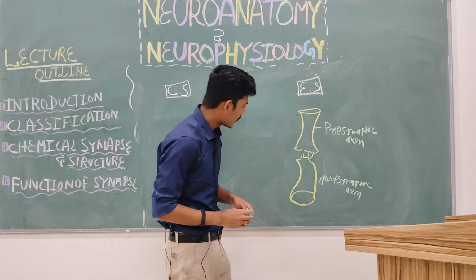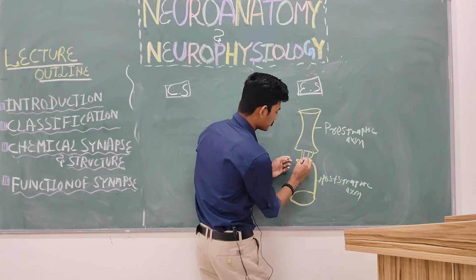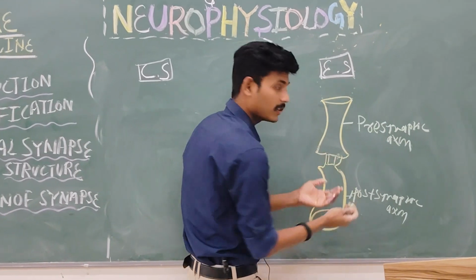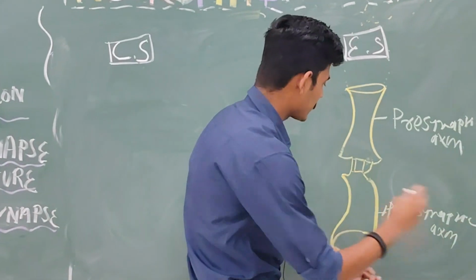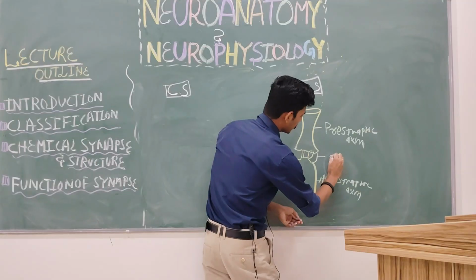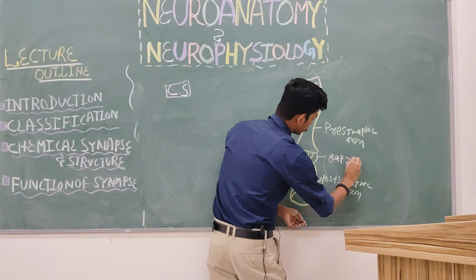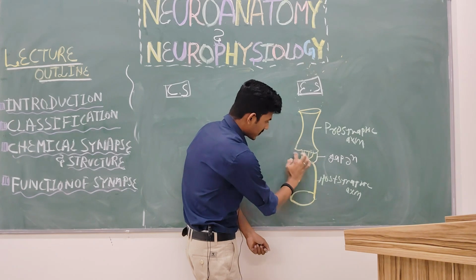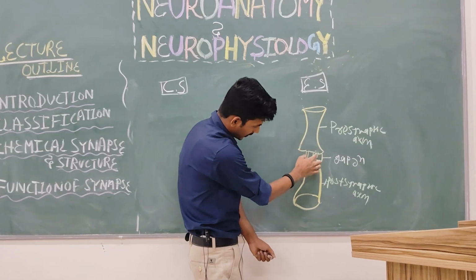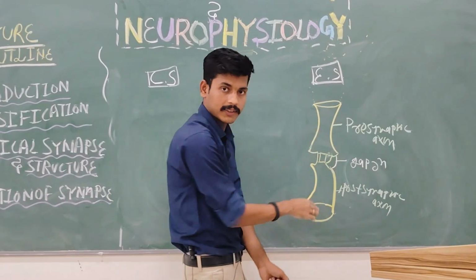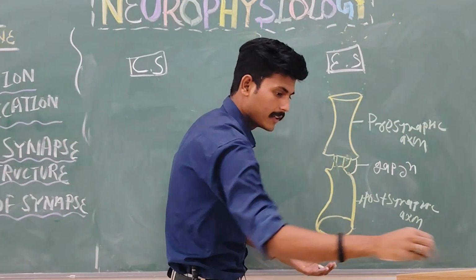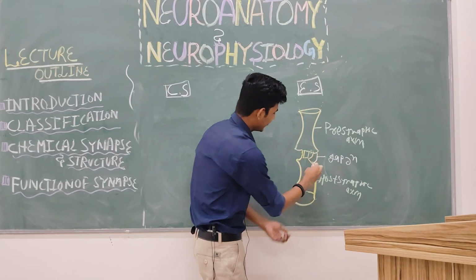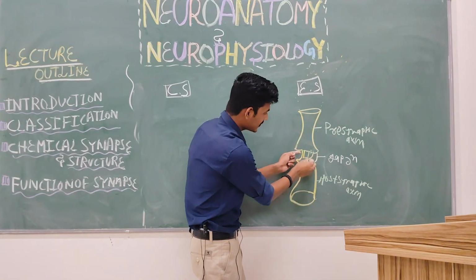Now, what you are seeing at this junction, don't forget, the electrical synapse is characterized by a gap junction. See, there is no space; they are directly connected. There is no breakage; they are directly connected.